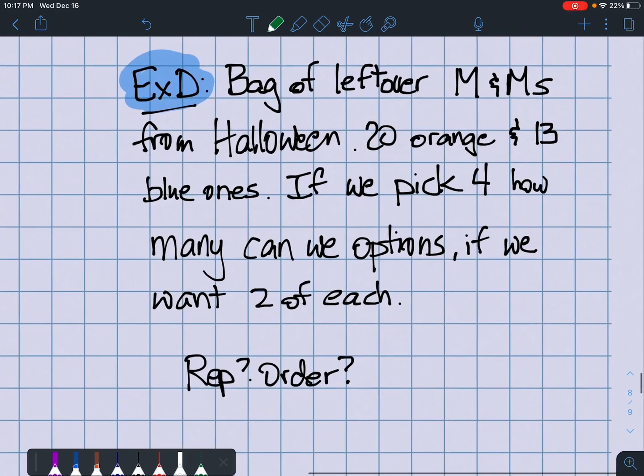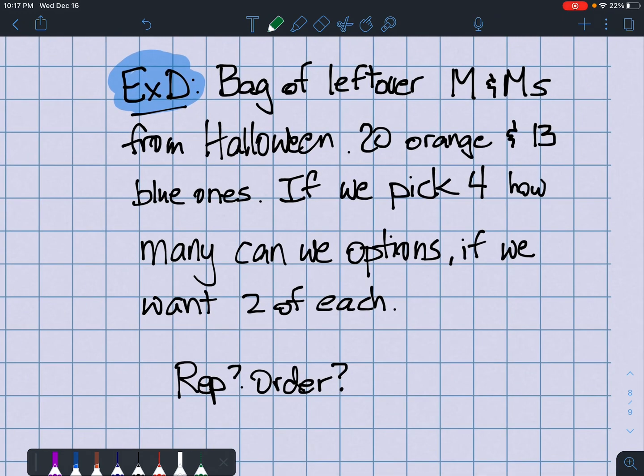Bag of leftover M&Ms from Halloween. There's 20 orange and 13 blue ones. If we pick 4, how many options can we have? Did not write that right at all. How many options? Let's just cross off the "can we." How many options if we want 2 of each? Okay, so we want 2 orange and 2 blue, sorry.